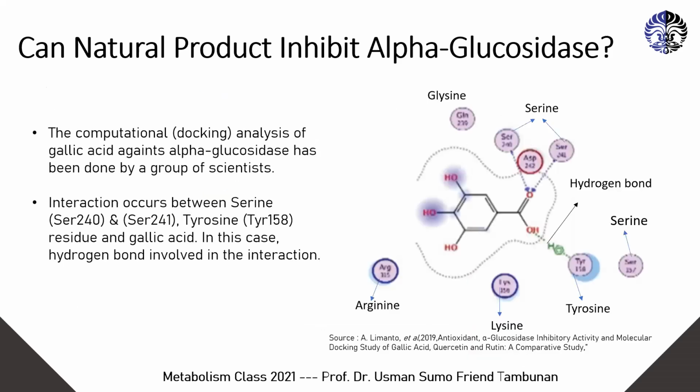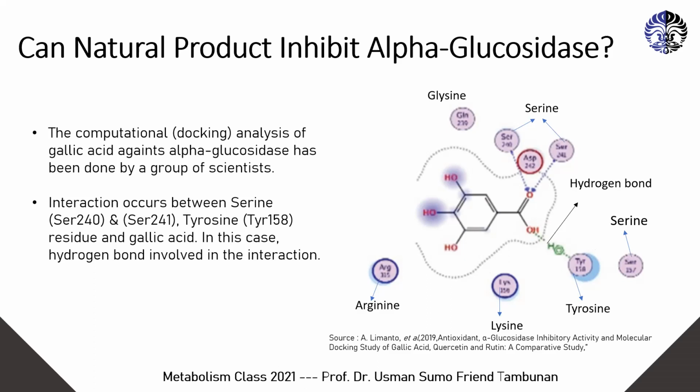The computational or docking analysis of gallic acid against alpha-glucosidase has been done by a group of scientists. Here, in the diagram on the right side, we have amino acids surrounding the gallic acid, which represent part of the alpha-glucosidase. In this case, interaction occurs between serine and tyrosine and gallic acid.